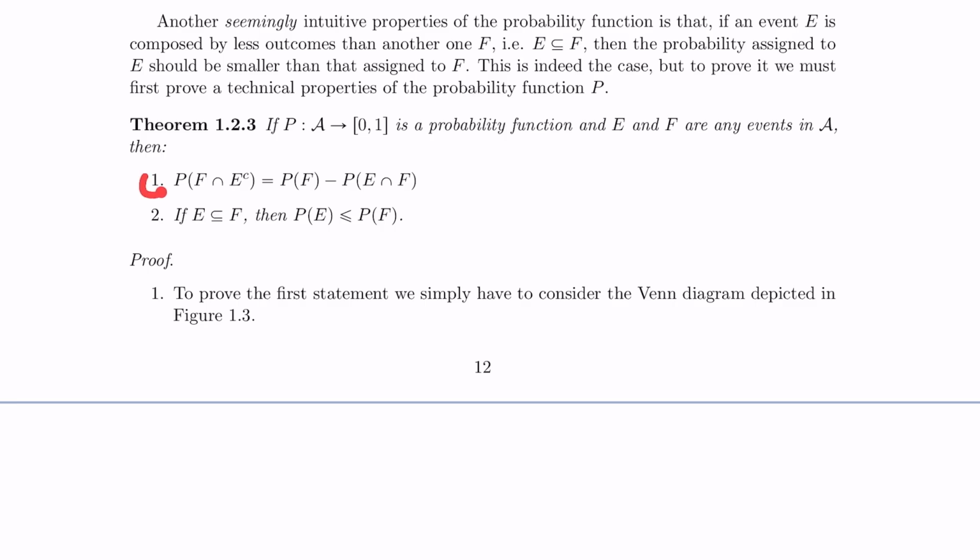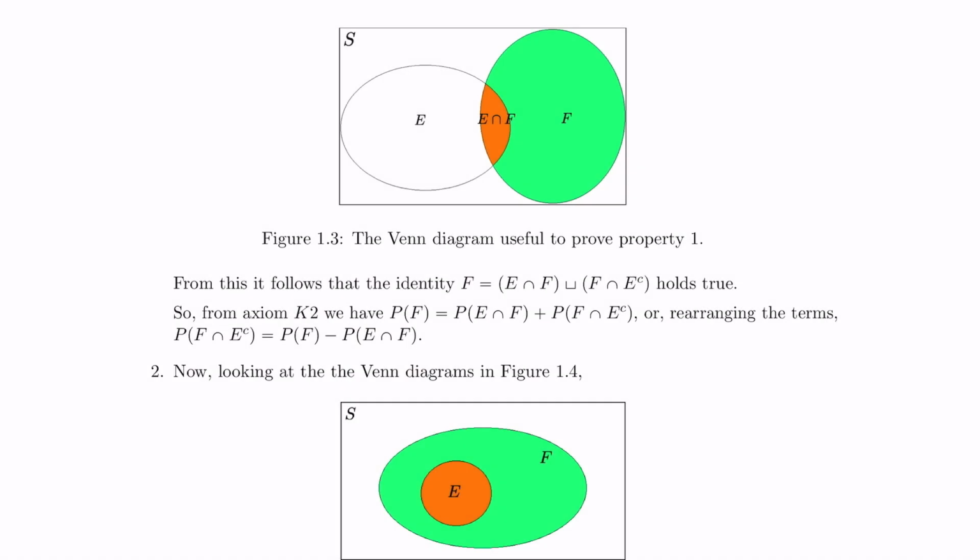The proof of this first property is very easy if we consider the so-called Venn diagrams. In this picture, we see the events E and F embedded in the sample space S. I want to prove that we can write F as the disjoint union between the intersection of E and F, that is the set indicated in orange, and the intersection between F and the complementary of E, that is the part indicated in green.